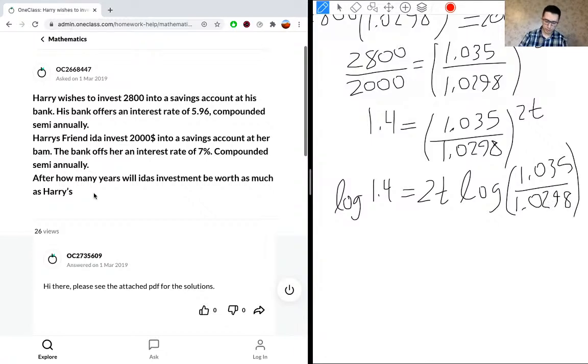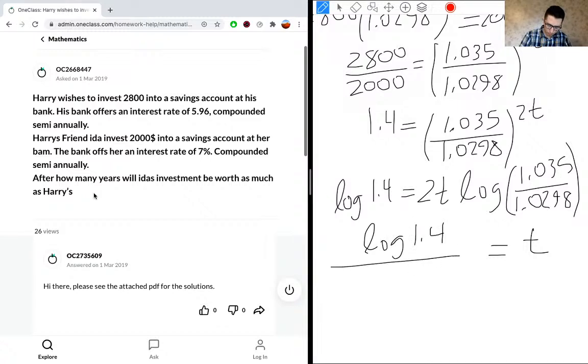And then we isolate for t. Let's keep t on the right side here for now, so it's a little more clear. So we'll say t equals, and we'll divide everything to the other side. So we'll divide by 2 log of 1.035 divided by 1.0298. So we'll have log 1.4, which was already on the left side.